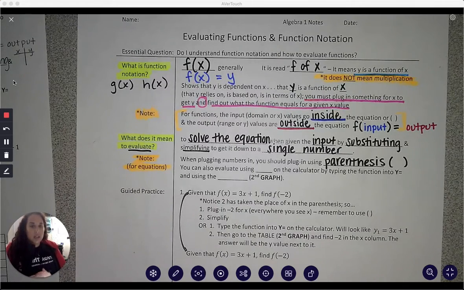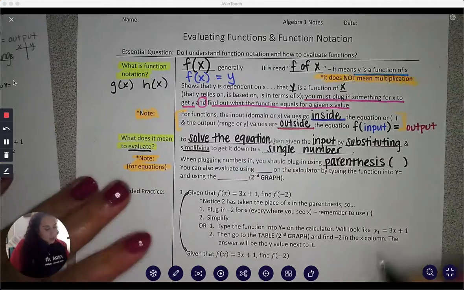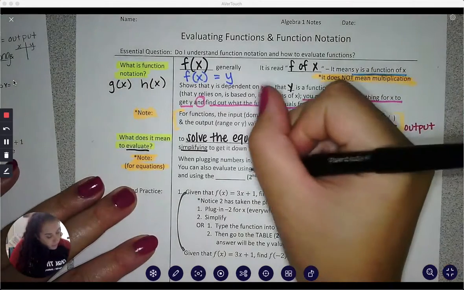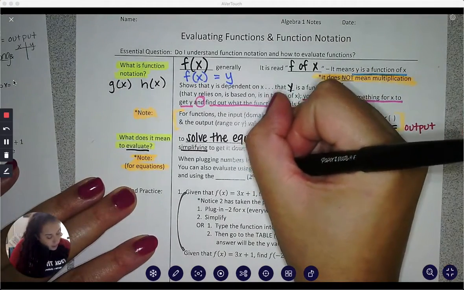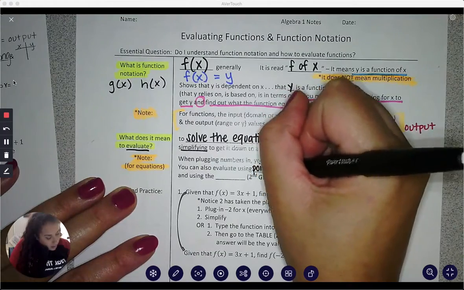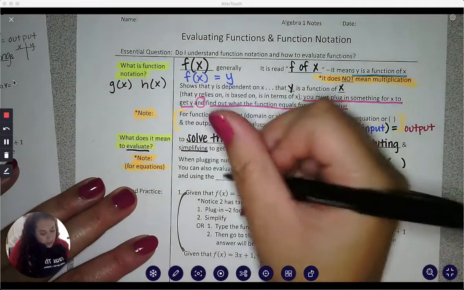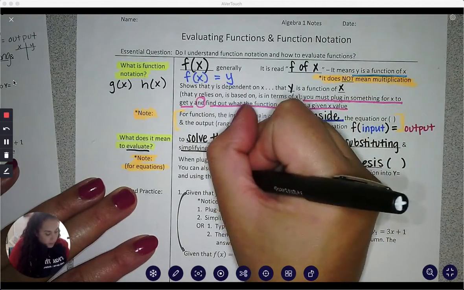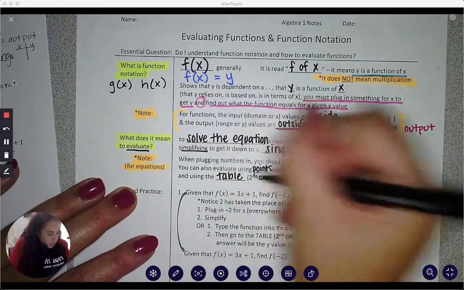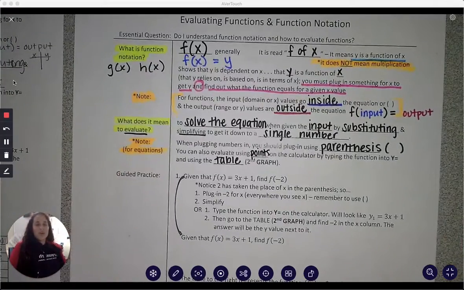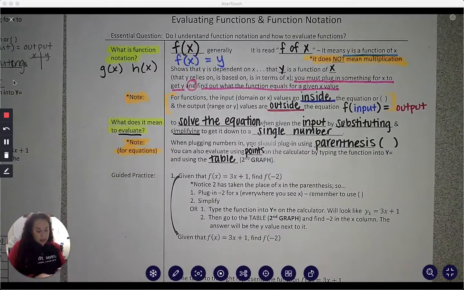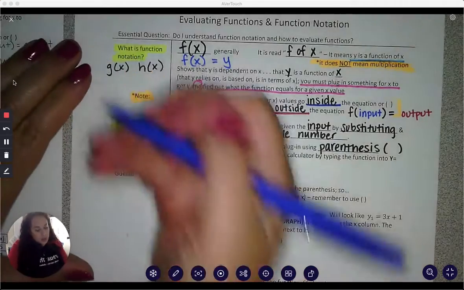You can also evaluate using points, or on the calculator by typing the function into y equals and using the table. When we evaluate, one of the things we will use a lot of is PEMDAS.